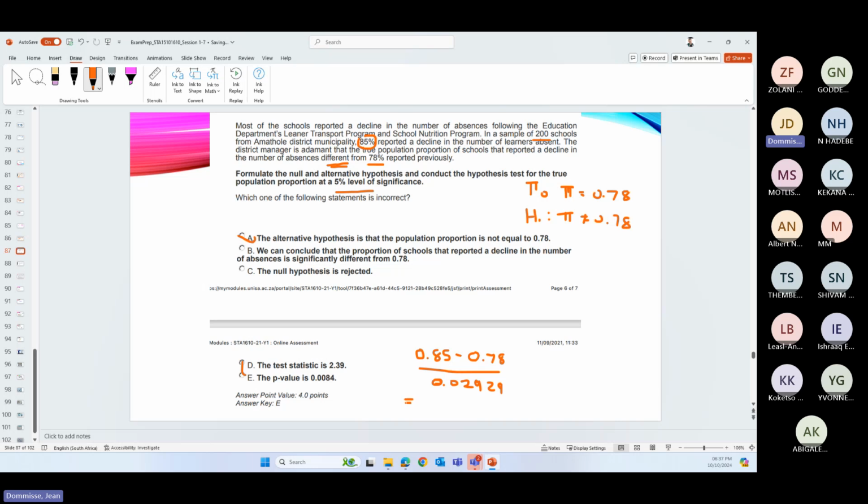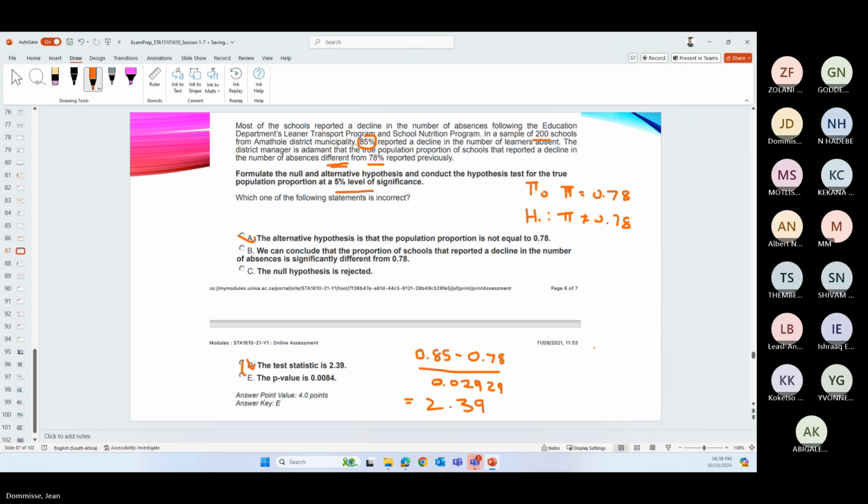So let's quickly see what that would have been. 0.85 minus 0.78. My calculator, I think, needs new batteries. Okay, so I get 2,389. So that is 2,39. So that is correct.